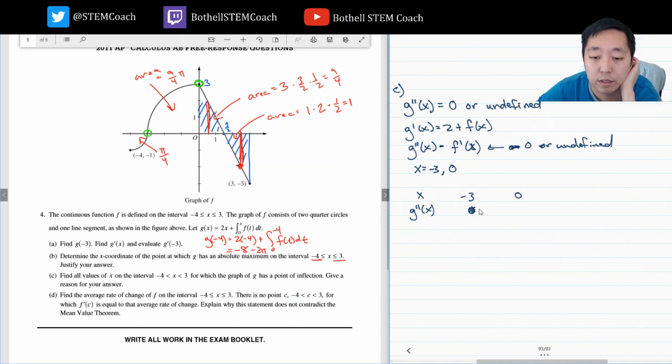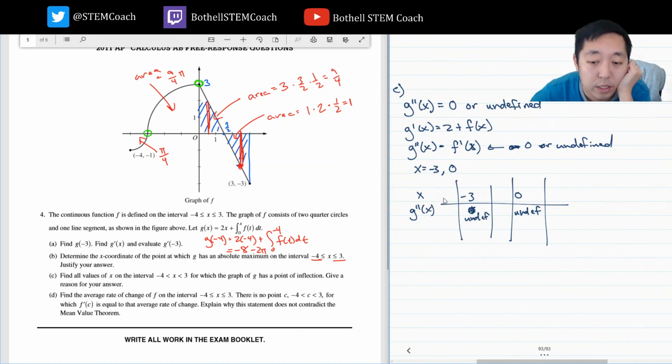So we're going to say undefined and undefined, because it's only undefined at those places. Now, we found that g double prime at -4 was a negative number, so this is negative over here. And between -3 and 0, like say here, g double prime is just equal to the slope. Oh, actually, sorry, I'm looking at the sign of g double prime. That is the same as the derivative of f. So I'm looking at the slopes of f. The slopes of f are all positive over here.